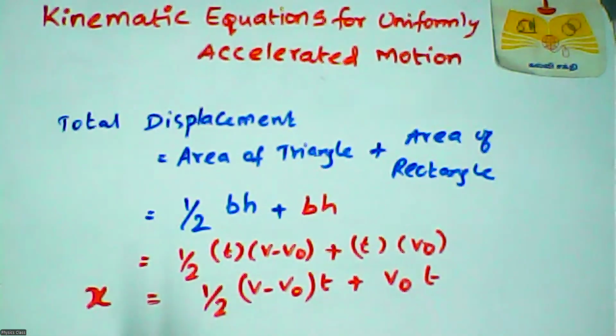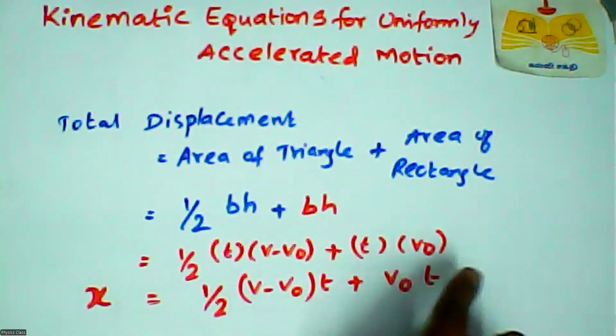In our physics book, we use the terms x, s, h. X means displacement, distance. S also denotes distance, displacement. So x is equal to half v minus v naught into t plus v naught into t.